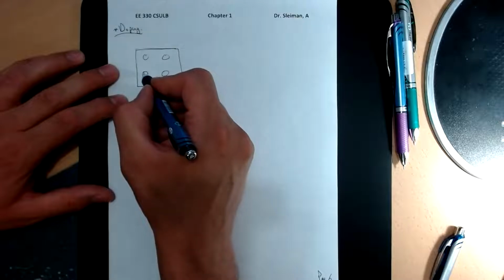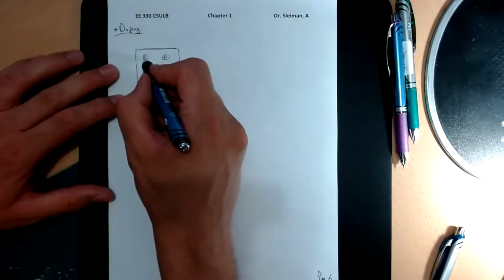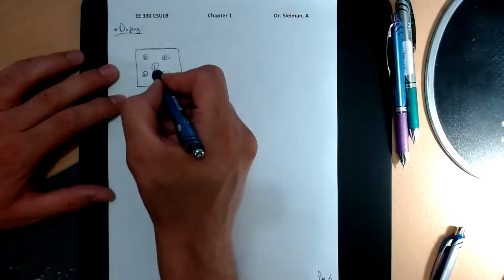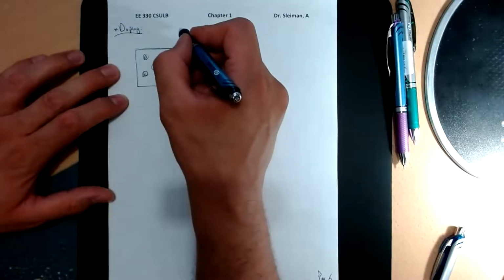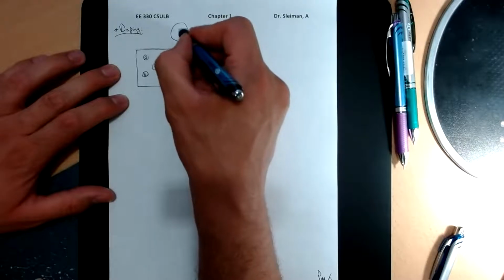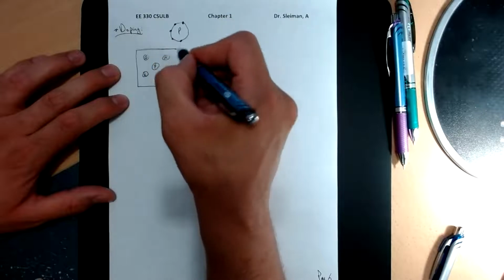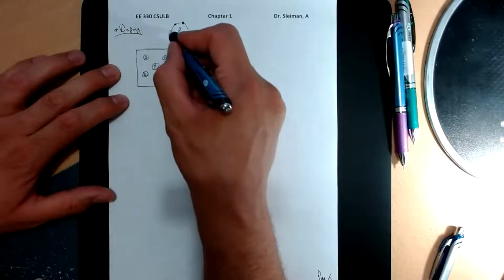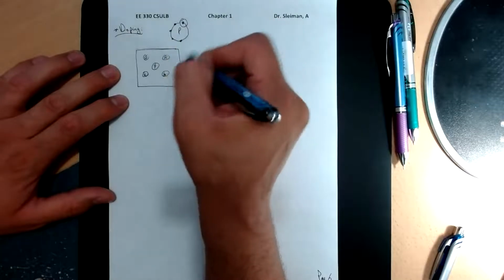Let's say this is Si, Si, Si, Si, and we introduce the phosphorus here. The valence shell for phosphorus has 5 valence electrons: 1, 2, 3, 4, 5. So silicon can occupy 4, leaving 1 free.